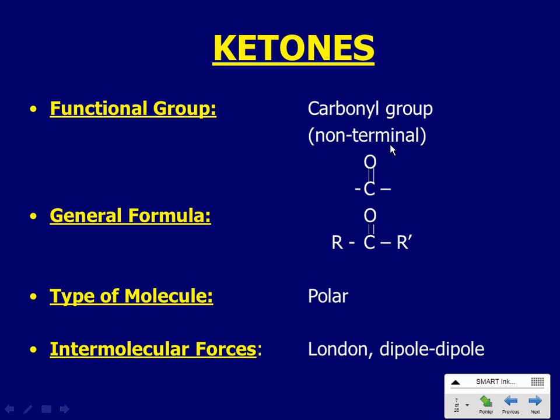If we have a non-terminal carbonyl group, we say that it's in the chain, in the middle of the chain. I'll add that right there. Non-terminal means in the middle of the carbon chain, which means it's flanked by two carbons.